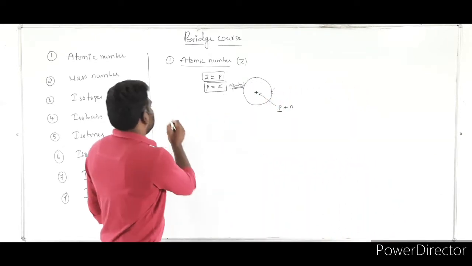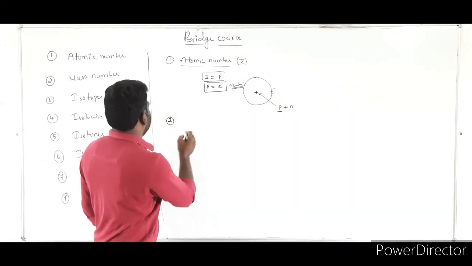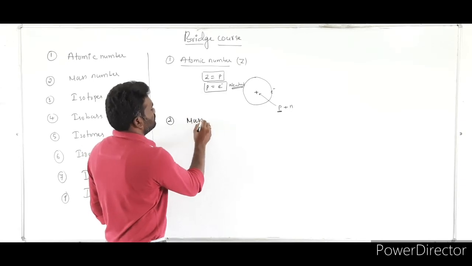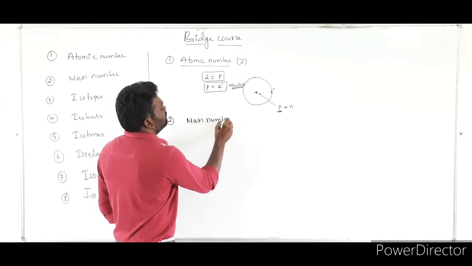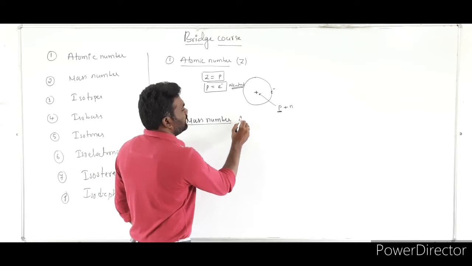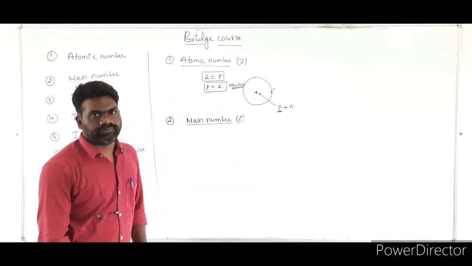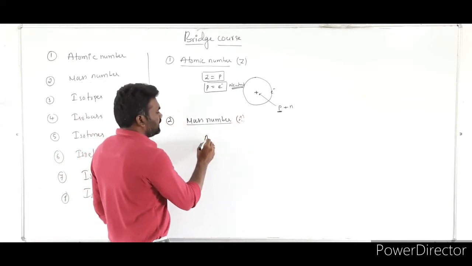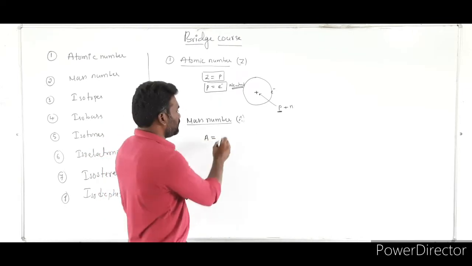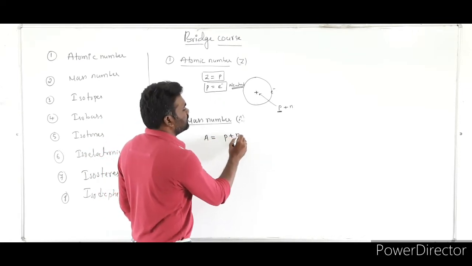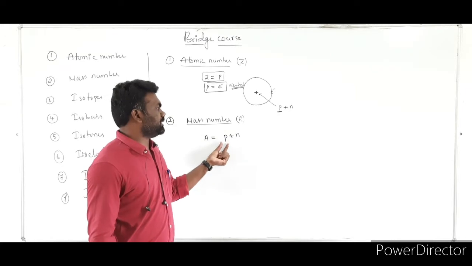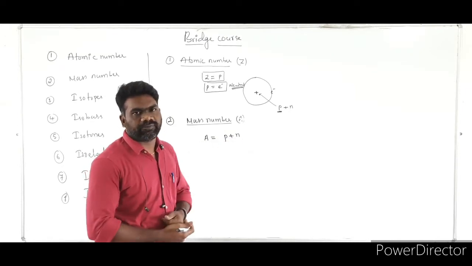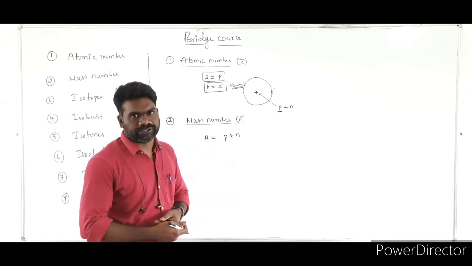The second important term we have to learn is mass number. Mass number is denoted by the letter A. Mass number is nothing but proton number plus neutron number. The total number of protons and neutrons present in the nucleus of an atom is called the mass number.